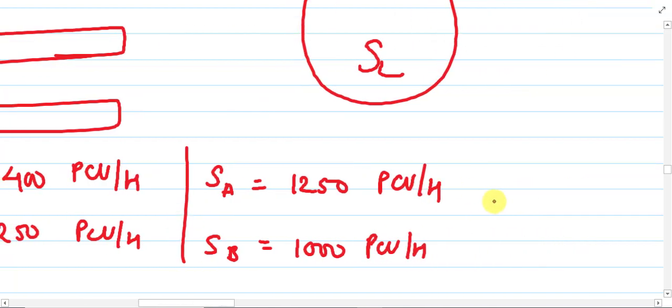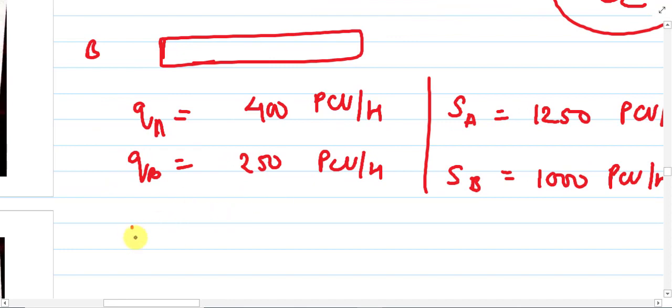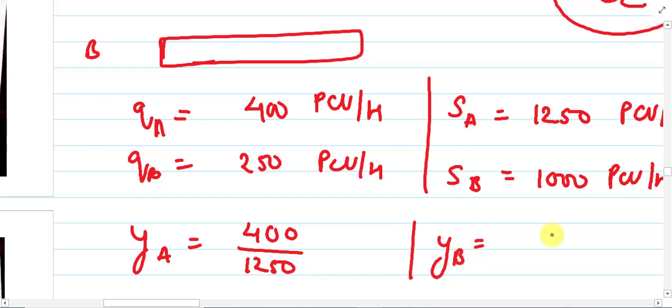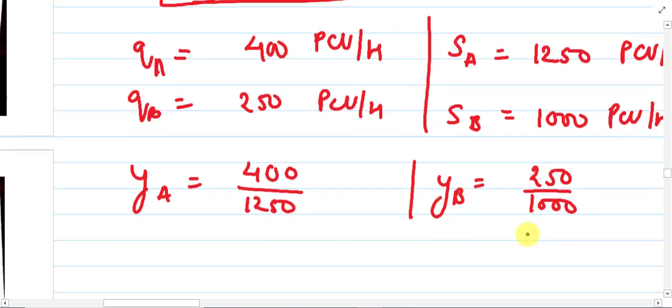Now we find our y1 and y2, and in this case this is YA, which is equal to 400 by 1250, and YB will be equal to 250 by 1000. So whatever the answer, please note down.